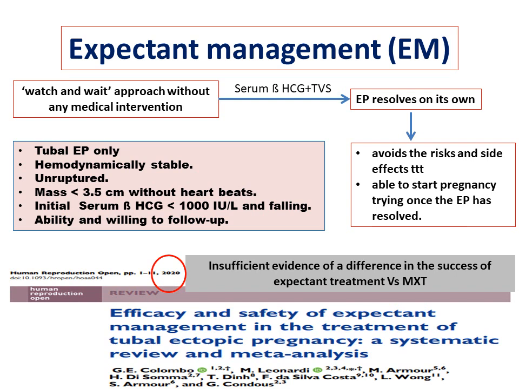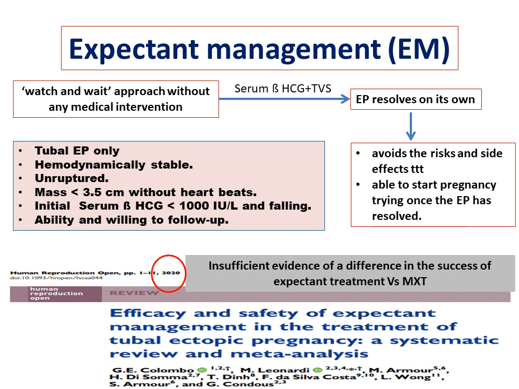And a recent systematic review and meta-analysis found that there was insufficient evidence of a difference in the success of treatment of the expectant treatment versus methotrexate. So many gynecologists are heroic in prescribing methotrexate and medical treatment.